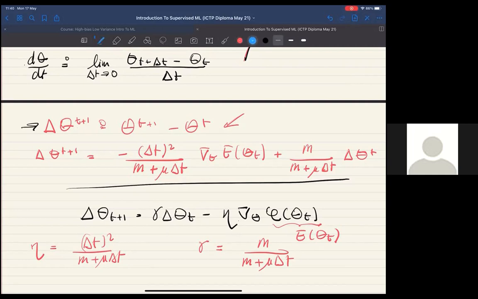And so that's why we call this parameter in the gradient descent with momentum, we call it the momentum, because you see that indeed it's linear in the mass. Okay, so this is what leads to momentum. The momentum is mass times velocity, right?